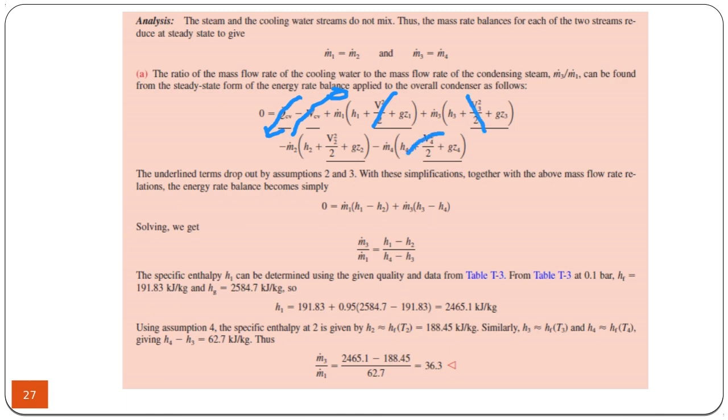The change in potential energies are negligible. So all we are left with is the change in the enthalpies. So this first part is the enthalpy change in the steam. And the second part is the enthalpy change in the cooling water.